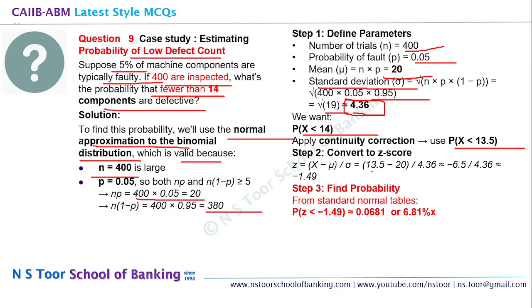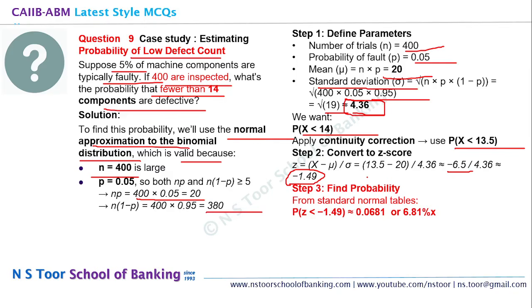Sigma is 4.36. So 13.5 minus 20 divided by 4.36. 13.5 minus 20 comes to minus 6.5, divided by 4.36, and the answer will be minus 1.49, because the numerator is negative.